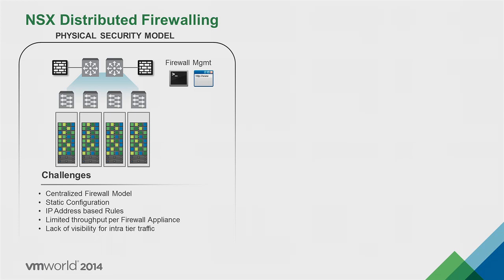So by the time traffic gets to the firewall, you might either be limited to IP and MAC address based rules or having to do deep packet inspection, which might have its own overheads as well. And finally, these physical firewalls also have throughput constraints. Once you get to the maximum supported throughput, you have to start trying to cluster and scale out, adding more and more complexity to your environment.